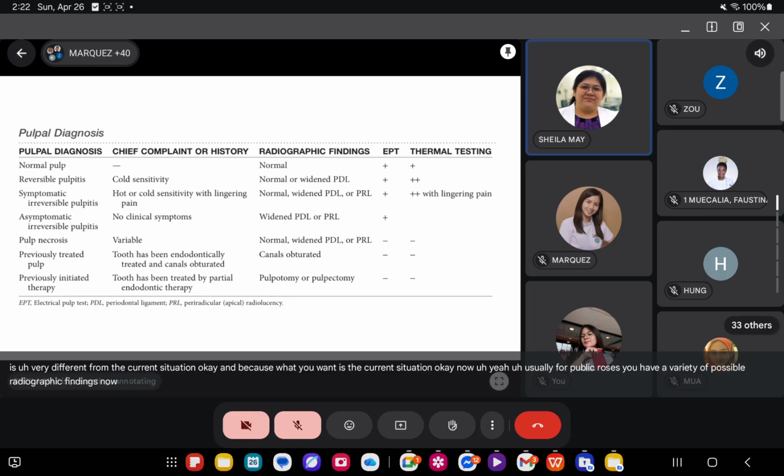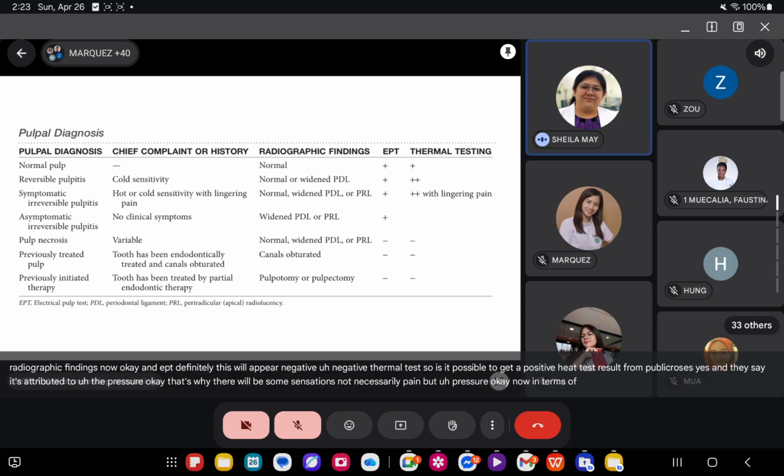Okay, in EPT, definitely this will appear negative. It's not necessarily negative to thermal test. So, is it possible to get a positive heat test result from pulp necrosis? Yes, and they say it's attributed to the pressure. Okay, that's why there will be some sensation. It's not necessarily pain, but pressure. Okay.